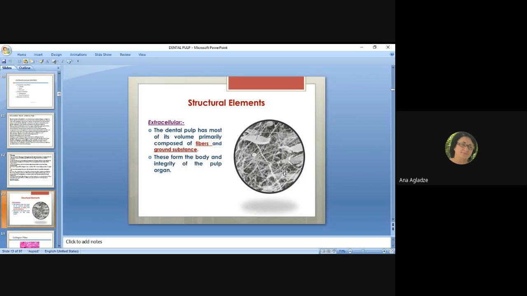Compared with other dental tissue, the buildup and breakdown of collagen is relatively high in pulp. And you know that the main cellular component of the connective tissue is the fiber cell called fibroblasts. And fibroblasts, you know, are capable of producing and disintegrating collagen.